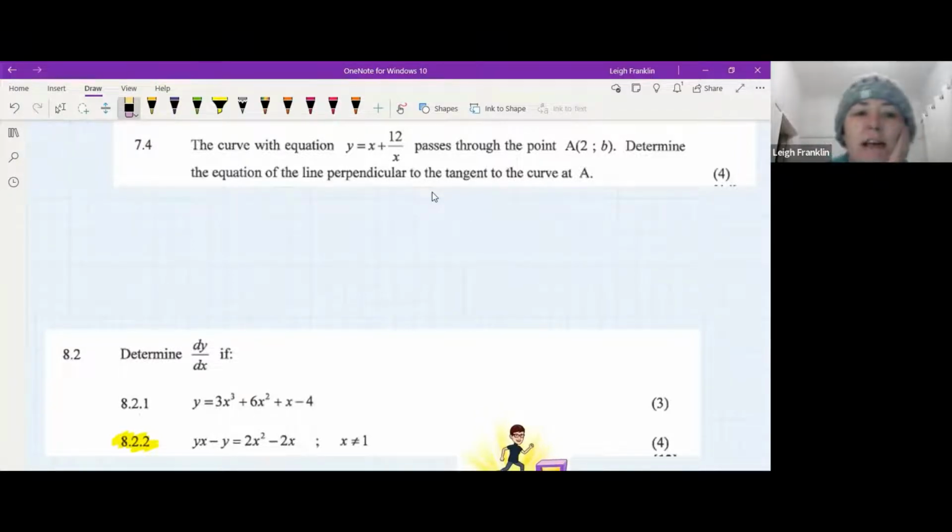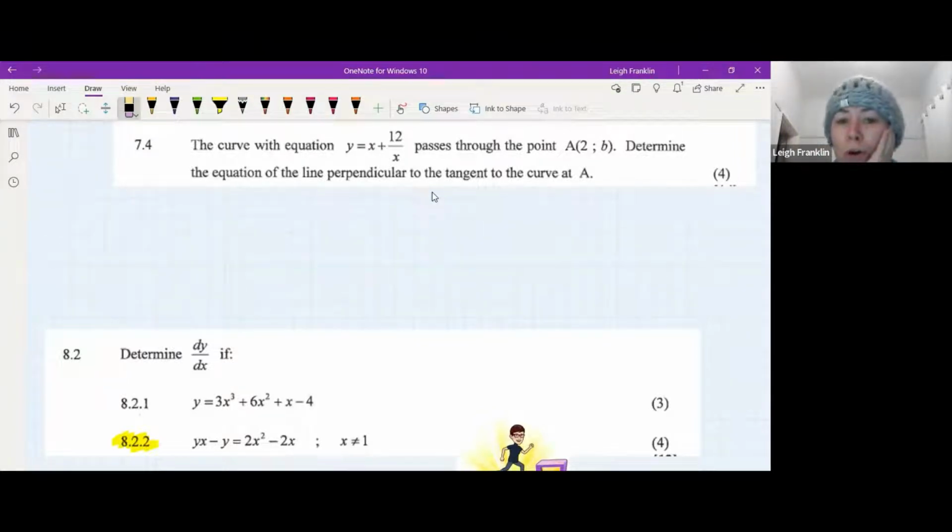They've given us a curve, and they've told us that the equation of the curve is y equals x plus 12 over x. And they tell us that it passes through a point A, and they've given us the x coordinate at that point, 2, and they've called the y coordinate at that point B. And they've asked us to determine the equation of the line perpendicular to the tangent to the curve at A. All right.